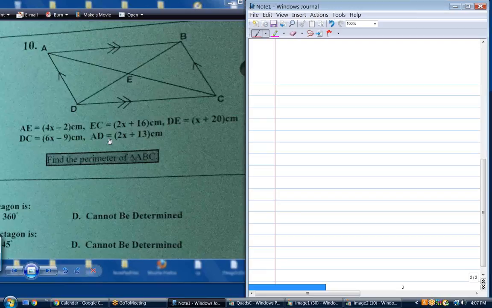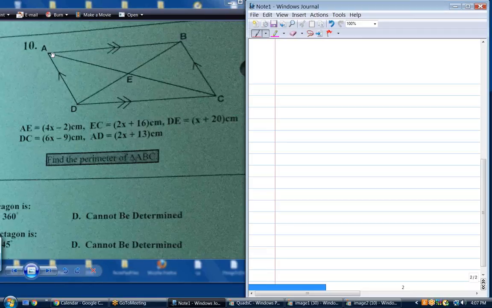Well, not really. AE is equal to EC. In other words, the diagonals of a parallelogram do indeed bisect one another, but they're not equal. In other words, AC is not equal to DB.